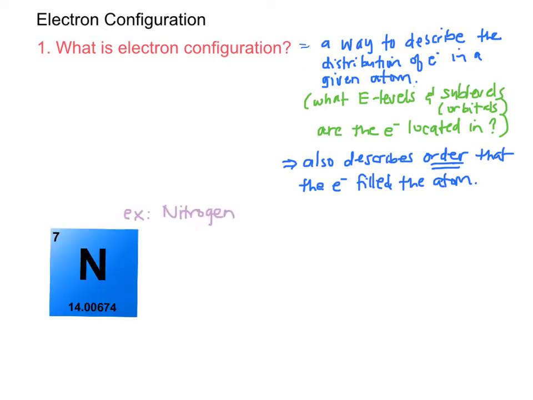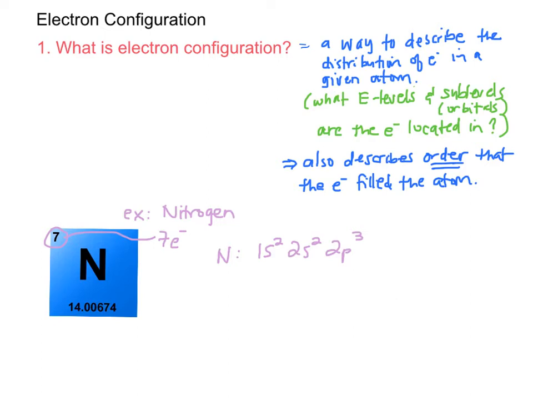So let's look at nitrogen. Nitrogen is an atom that contains 7 electrons. And an electron configuration for nitrogen will tell me what energy levels and sublevels or orbitals I will find each of those 7 electrons in. The electron configuration for nitrogen looks like this: 1s2, 2s2, and 2p3.